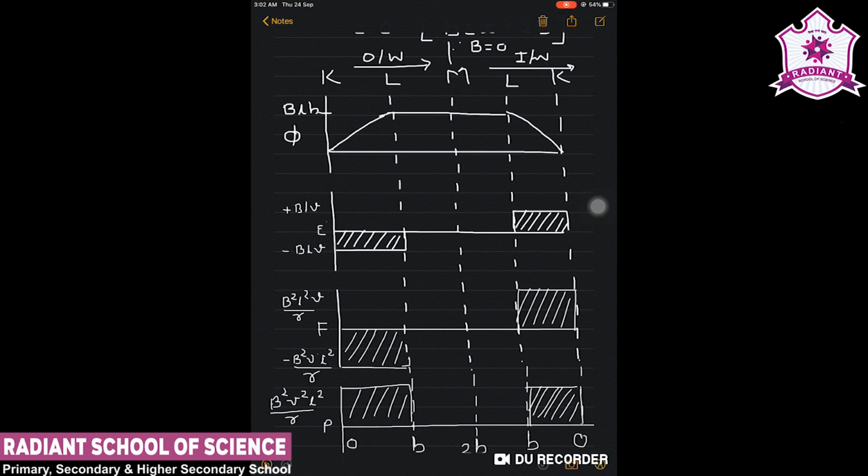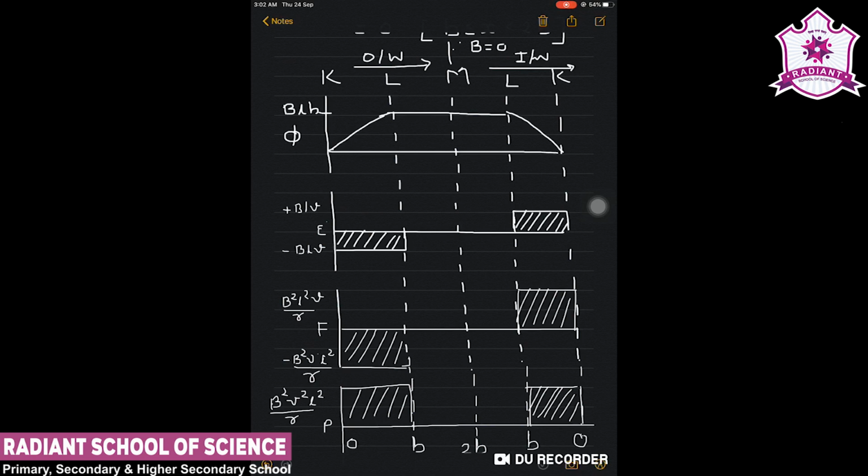But here we have a very interesting result for the power term. That power is B squared V squared L squared over R. Due to this, all the quantities are in the form of squares, so no negative value is obtained, and power is positive for 0 to b as there is a magnetic field.